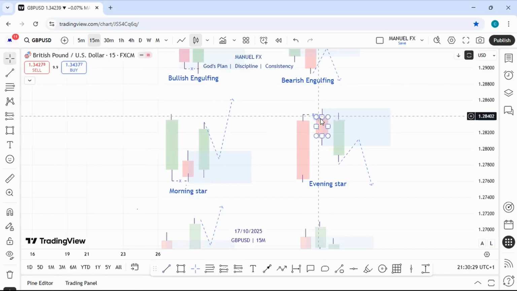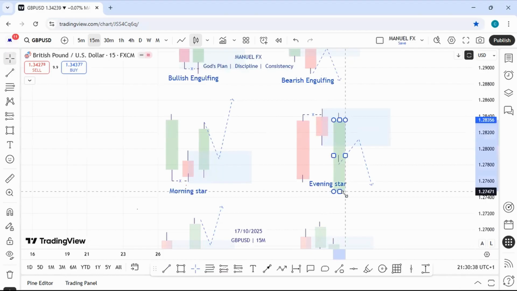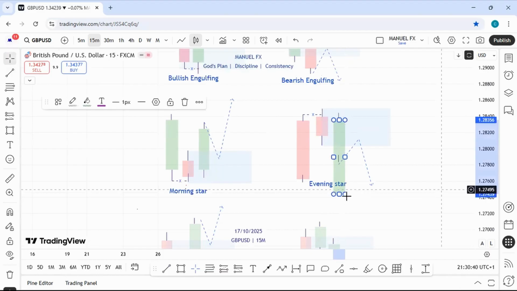This is the second candle. I want to see it sweep the low of this candle, and then the next candle has to engulf the second candle, while still not engulfing the first candle.